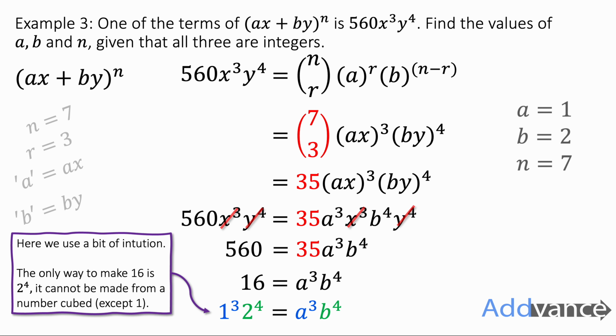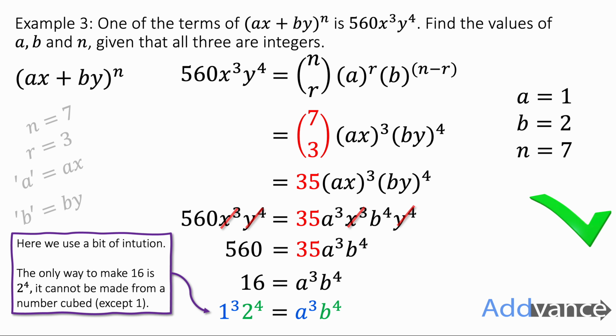So we know that 16 is 2 to the power 4, so we made b 2, and then we multiplied it by 1 to the power 3, because that's just multiplying by 1. That's where we use intuition and just a bit of common sense with our number facts to get the final answer. So a is 1, b is 2, and n is 7.